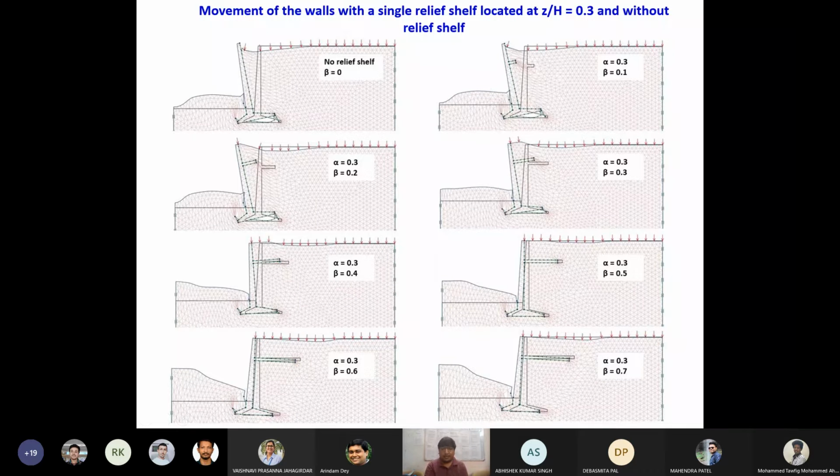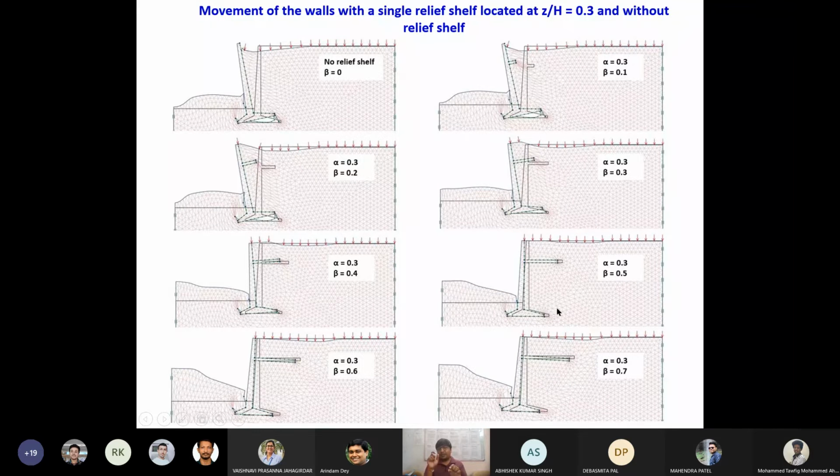Once we keep increasing this, you can note that this wall has no tendency to rotate. It only slides. So here, with B by H equal to 0.3 and B by B value of 0.5, it has a tendency to slide only.